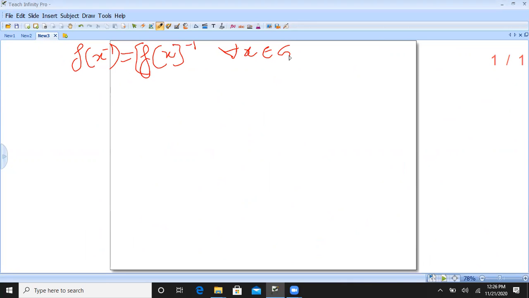So next we shall go with it. So x bar is equal to... Let us look at the proof. For all x belongs to G, they have said.